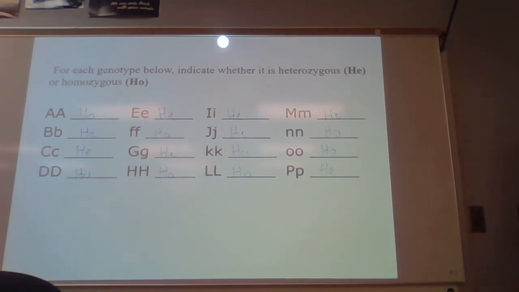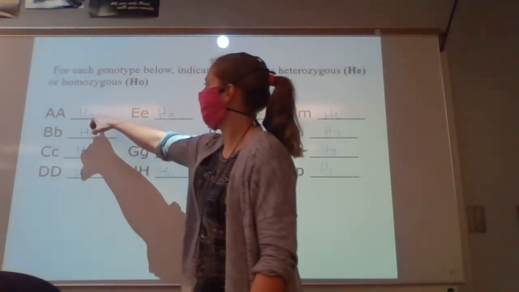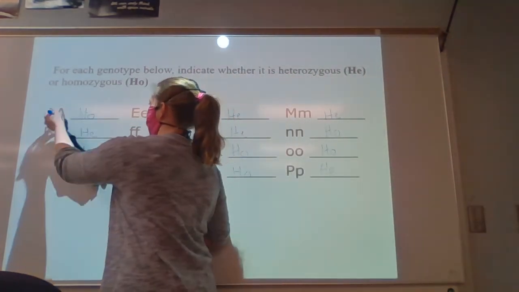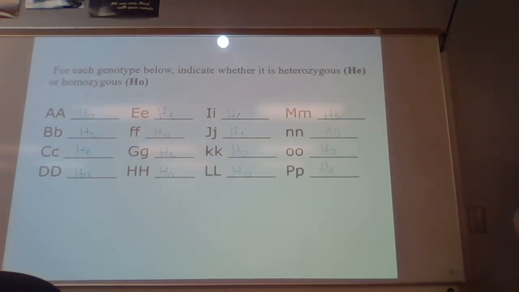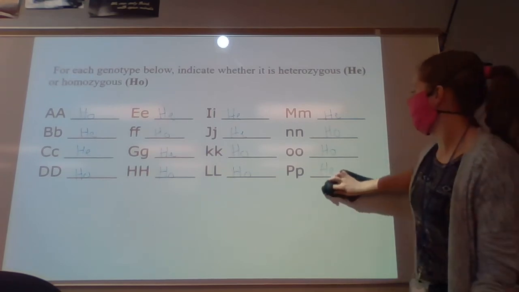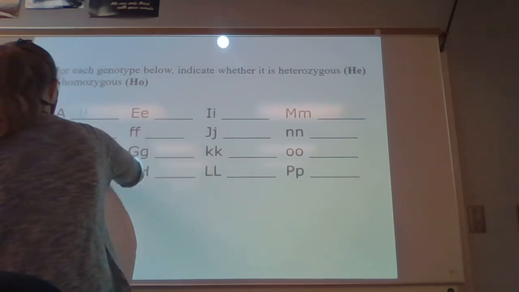Again, as long as you have two of the same, it's going to be homozygous. So whether it's recessive or dominant, we're going to be homozygous. If you have one of each, one dominant and one recessive, then it's going to be heterozygous. Okay, so same alleles, homozygous, different alleles, heterozygous.